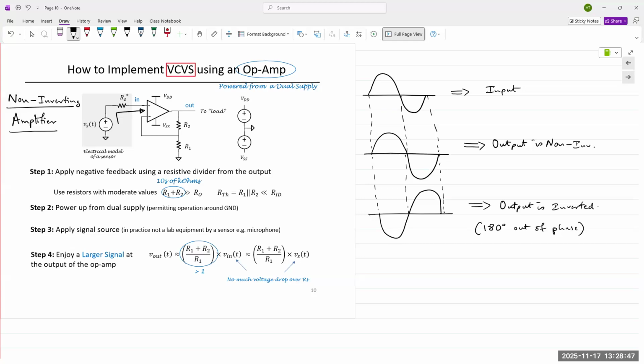The difference between the two is that if the input is fed into the non-inverting terminal, then we get a non-inverting amplifier. We feed it into the inverting terminal, we get an inverting amplifier. For the non-inverting amplifier, the applications might be quite obvious, but I'll give you an example of why an inversion is done.